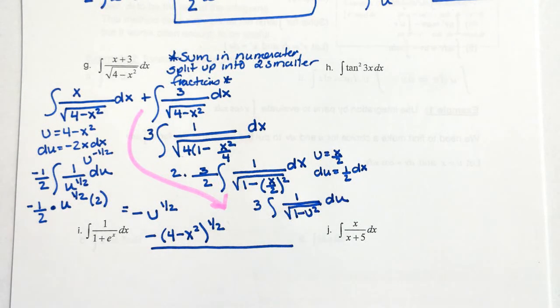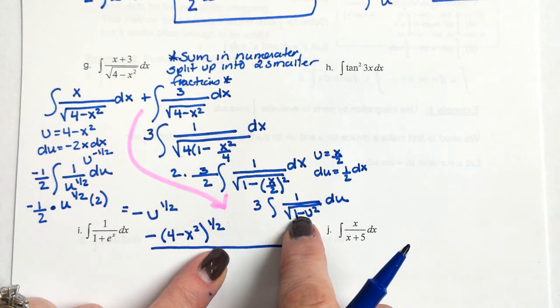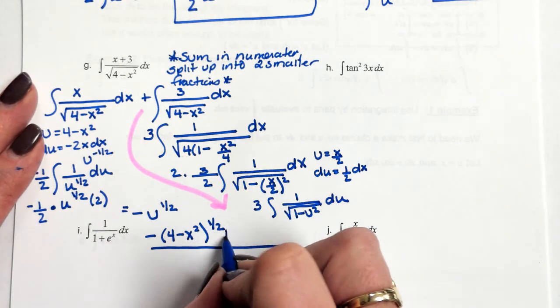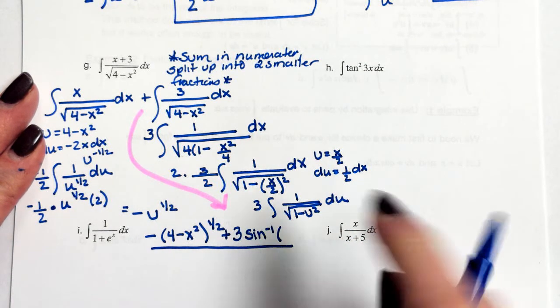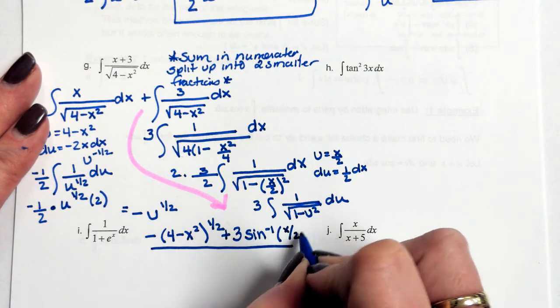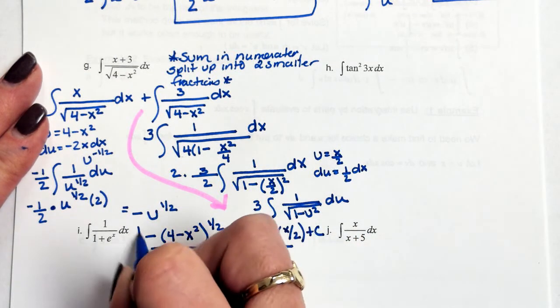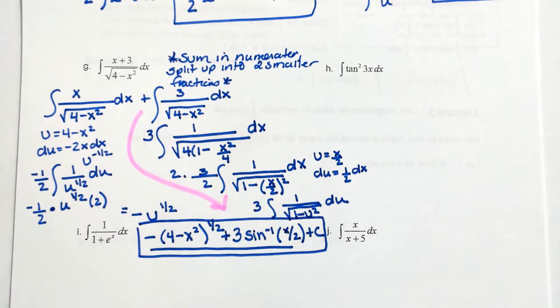Now I've got my integral set up for the inverse trig. So this is now the inverse sine. So I'll add this to plus 3 times your inverse sine. Now remember, I can plug my x over 2 back in for u. So now that is my final answer for part G.